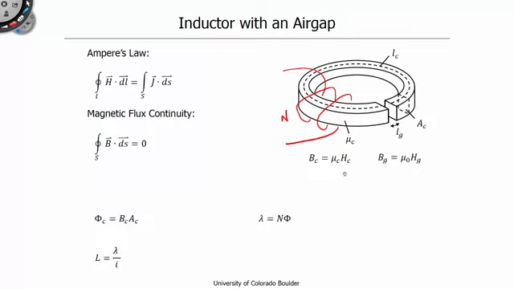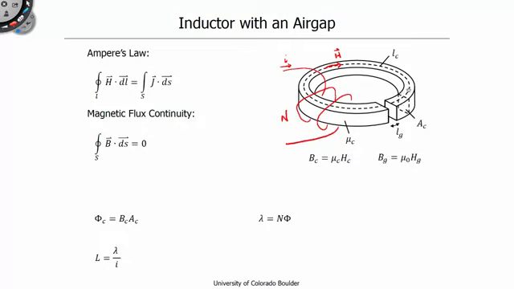We'll start the same way with Ampere's law. Again, if our current is coming into the wire in this direction, our H field will be directed according to the right hand rule in the direction shown. We integrate it over the length L that it travels, and that would be the left hand side of Ampere's law.